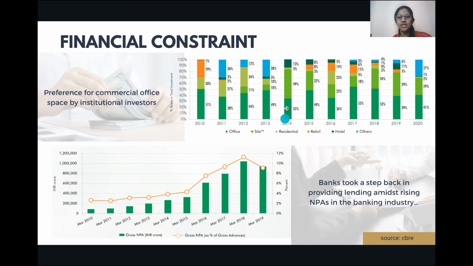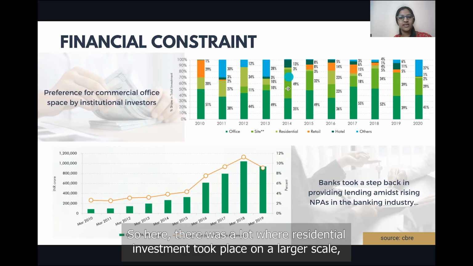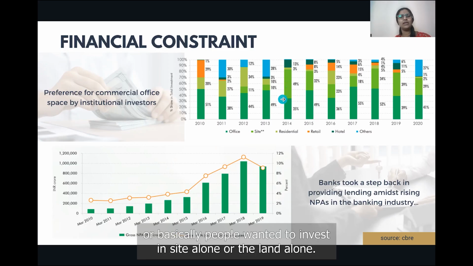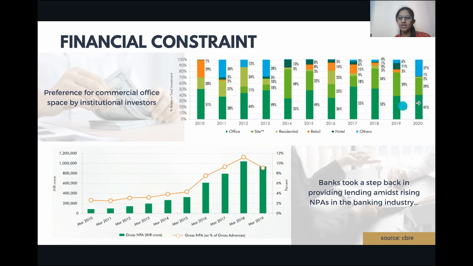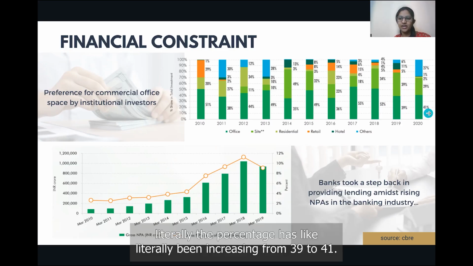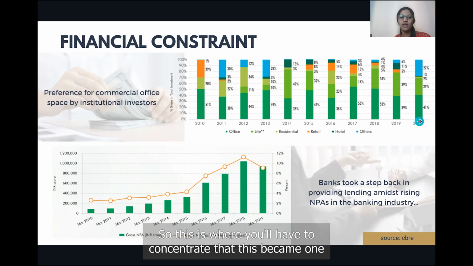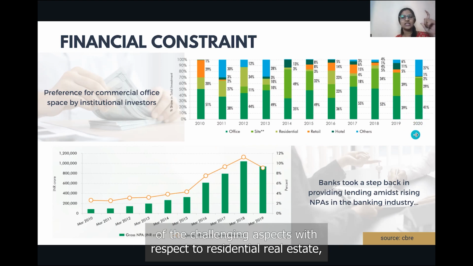Here, there was a lot where residential investment took place on a larger scale, or people wanted to invest in sites or land alone. But after the pandemic, after the COVID year started, the percentage has been increasing from 39 to 41. This is where you'll have to concentrate, that this became one of the challenging aspects with respect to residential real estate.